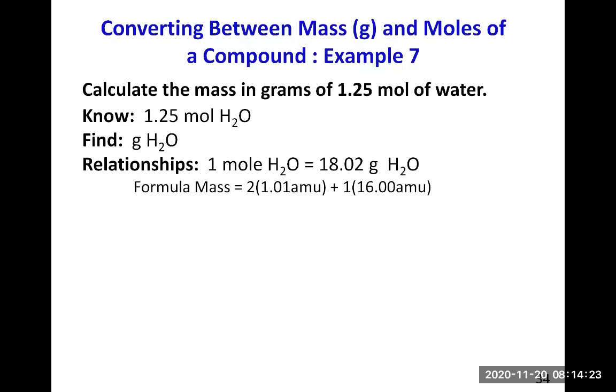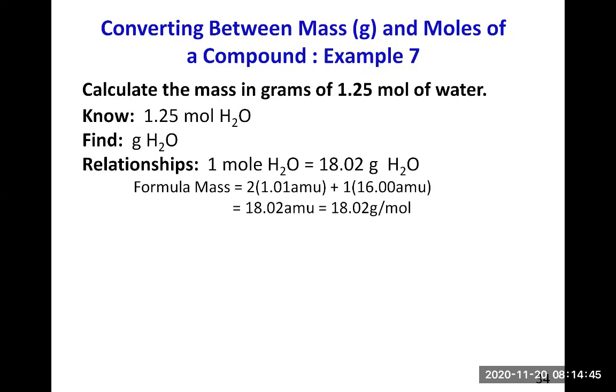You add all of this together and you obtain 18.02 atomic mass units. That's the mass of one formula, one molecule. But we know now that it's the same number for the molar mass. So 1 mole of water is also 18.02 grams of water.